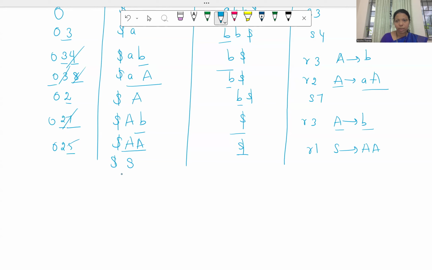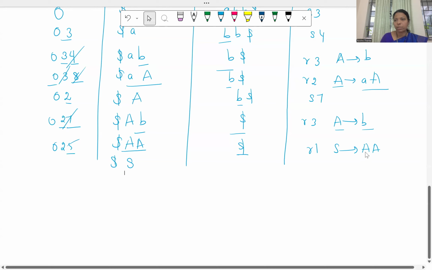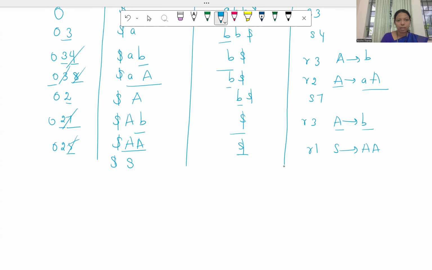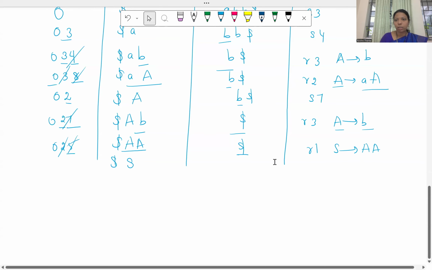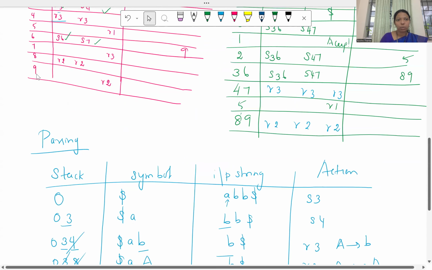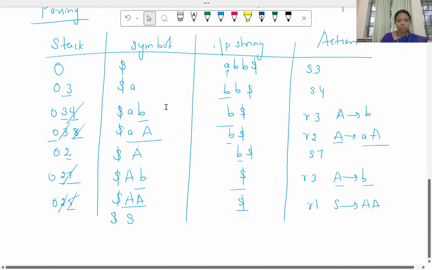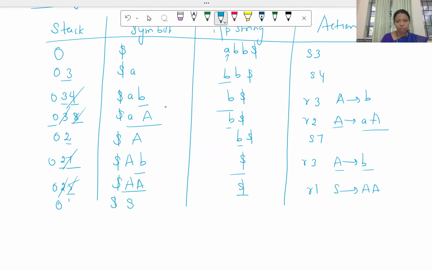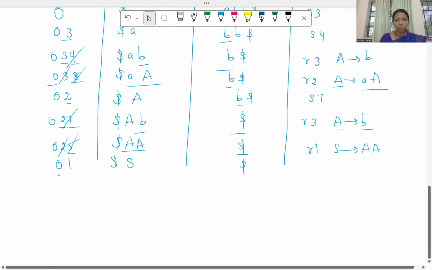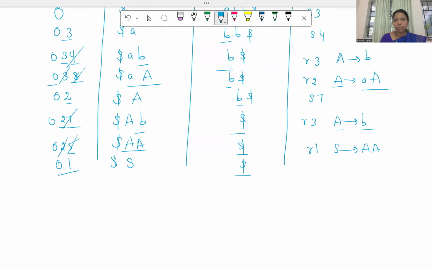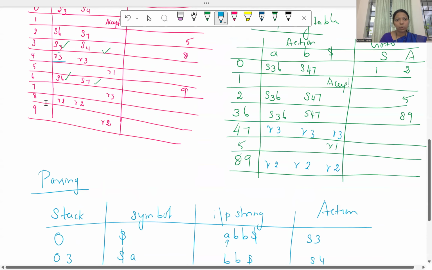And what is the next thing you have to do? Since in the RHS we have 2 symbols, you have to cut the 2 symbols and 0 on this S. What is 0 on S? It is 1. So you have to write 0, 1. And here you have dollar, right? And then top of the stack we have 1, and here it is dollar. So 1 on dollar, what is 1 on dollar?